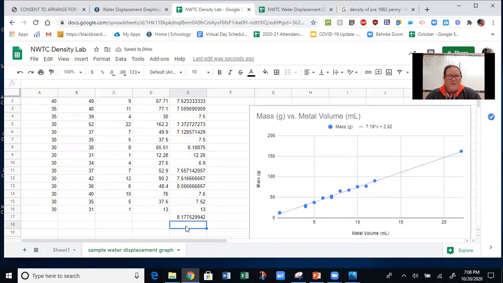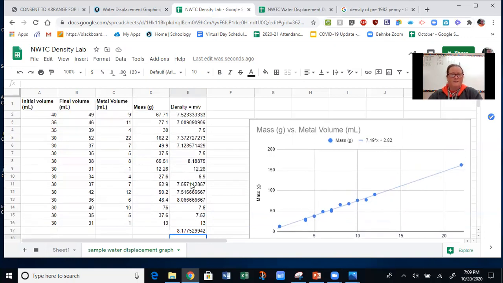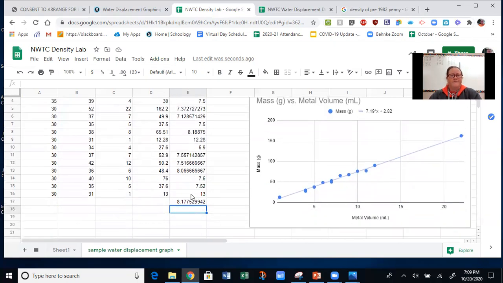And it shows an average of 8.17. That doesn't make so much sense to me because it should be around 7.19. I'm going to think on that for a little while, but I would like you to do the same calculation as well and label this average density.